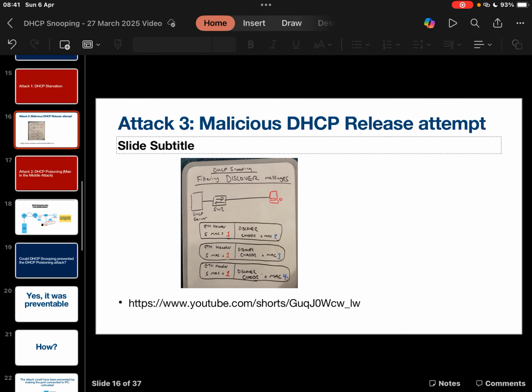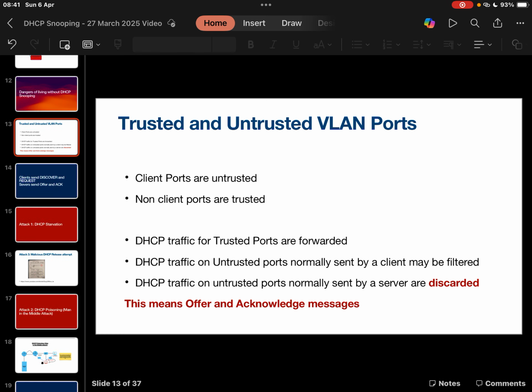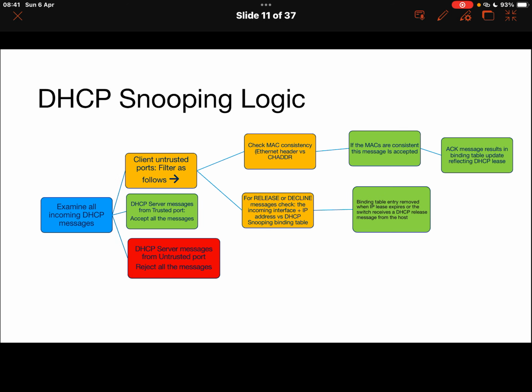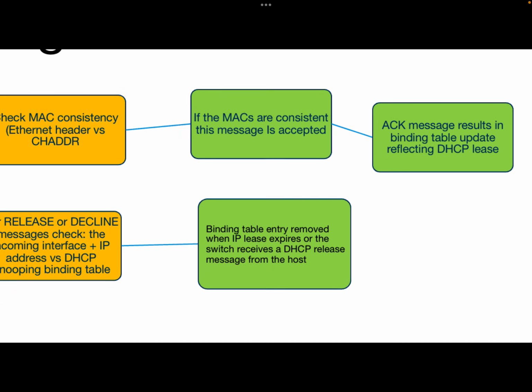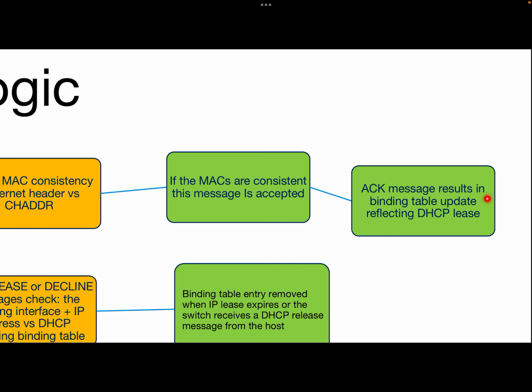If we go back to our slide on the logic, we can see first we're checking the MAC address consistency. If the MAC addresses are consistent, the message is accepted, and we go through the normal DORA flow.